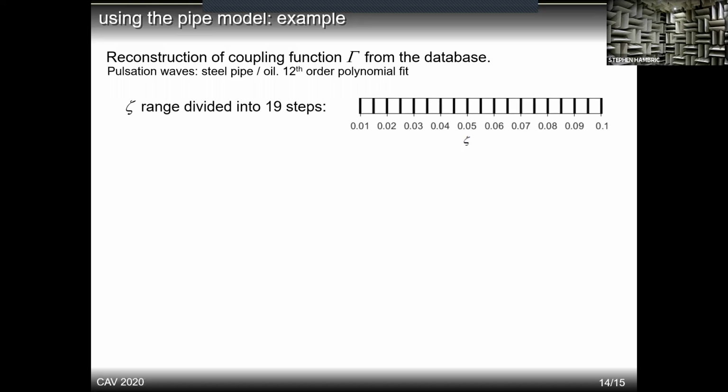We have the thickness to diameter ratios zeta as the input variable, and we shall scan it from 0.01 to 0.1 to cover practically all possible cases. This range will be divided into 19 steps, and for each of 19 values, the computation of our target quantity gamma will be made for a large number of normalized frequency values, again to cover all practical demands.